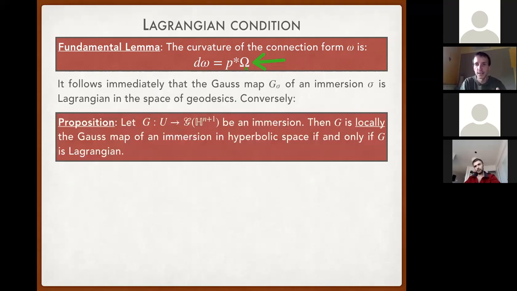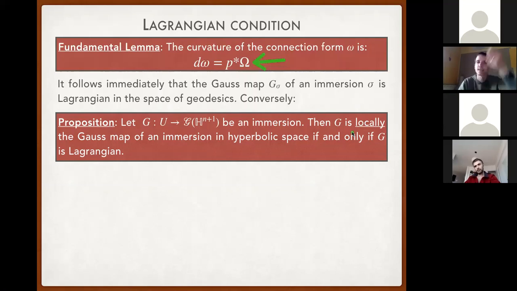And the converse is almost true. So basically, if we have an immersion in the space of oriented geodesics, then you can recover this as the Gauss map of an immersion in a hyperbolic space if and only if it is Lagrangian, but this is only local. So only up to restricting U, then you have a Lagrangian immersion in the space of oriented geodesics.